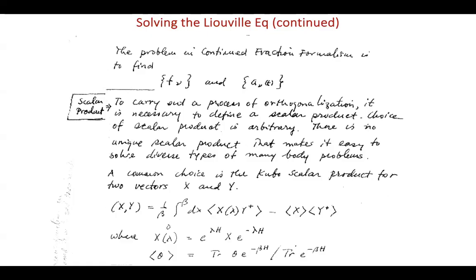The canonical ensemble is only meaningful when the system is in equilibrium. So Kubo is basically defining orthogonality with the existence of equilibrium in mind.